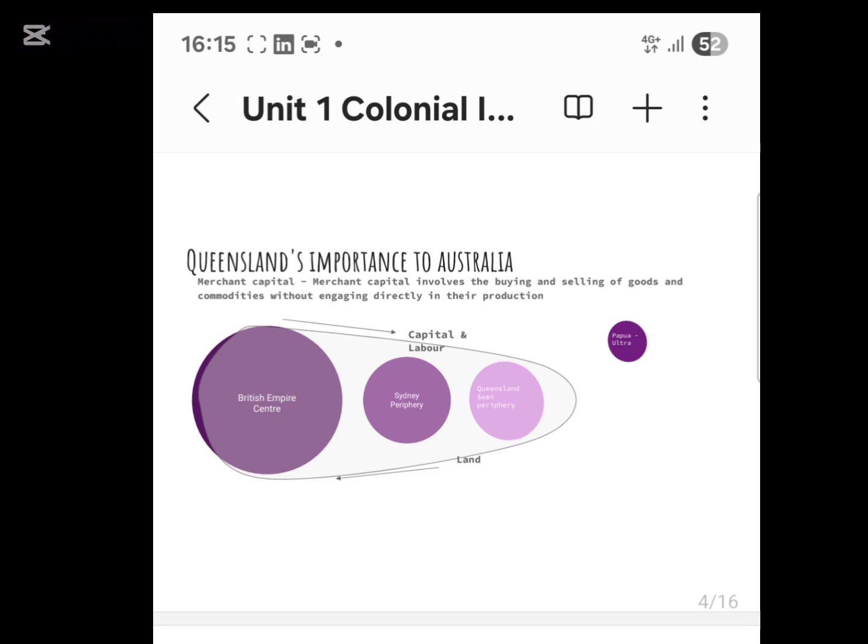So, for example, the textile industries in Britain depended much on the production in India. So the center is Britain, and the periphery is India, in terms of looking at the textile industry.